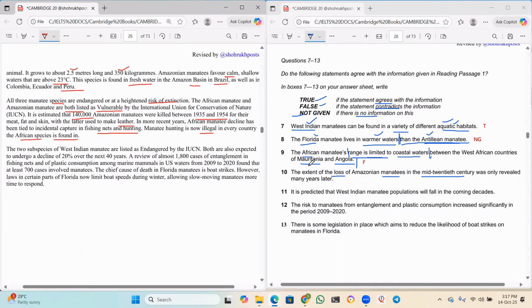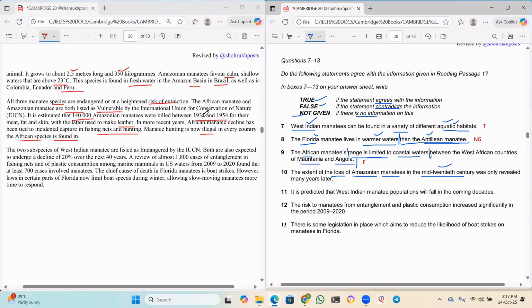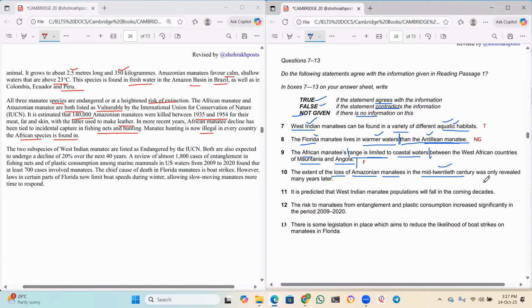Now, what is the question? The extent of loss of Amazonian manatees in the mid 20th century, meaning 1935 to 54, was only revealed many years later. Let us find out when they revealed it.